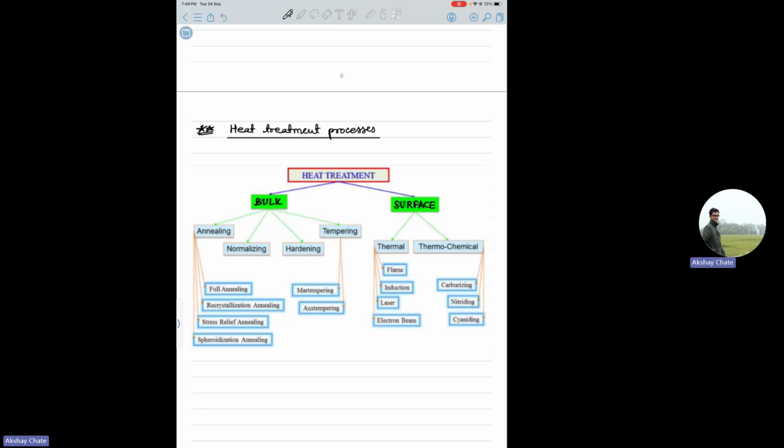That is usually required in some tools or instruments like knives, etc. Edges need to be hard. Thermal surface treatment is not always desirable or feasible, so in those cases you go for different things, like carburizing, nitriding, cyaniding, thermochemical surface treatments.